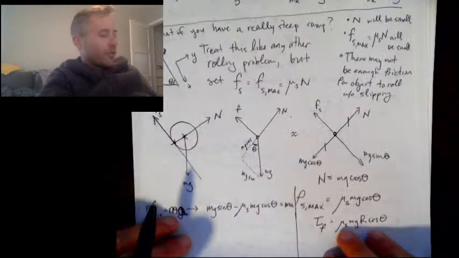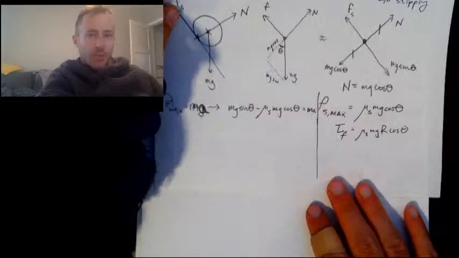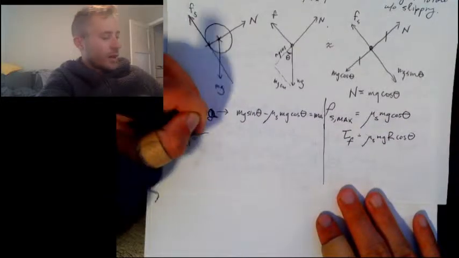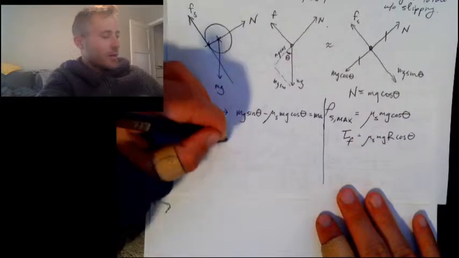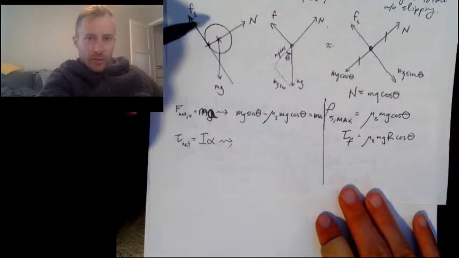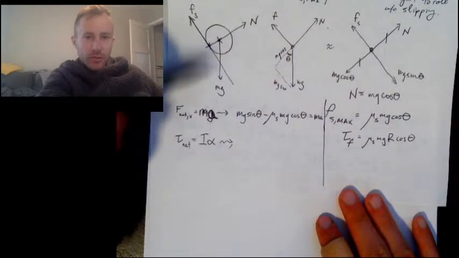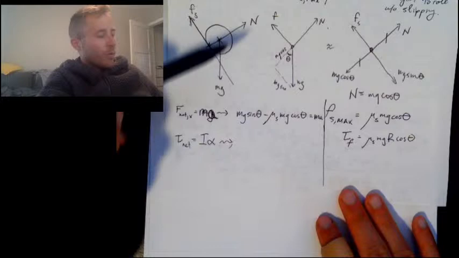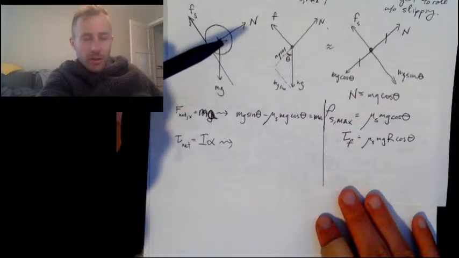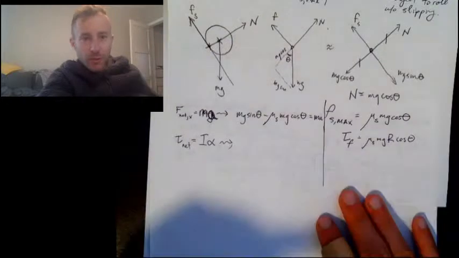Our second equation was the equation expressing rotational motion. So net torque equals I alpha. As I mentioned in the last lesson, weight force doesn't exert a torque because it has r equals 0. Normal force doesn't have a torque because it is parallel to the line connecting the center to where the force is applied.